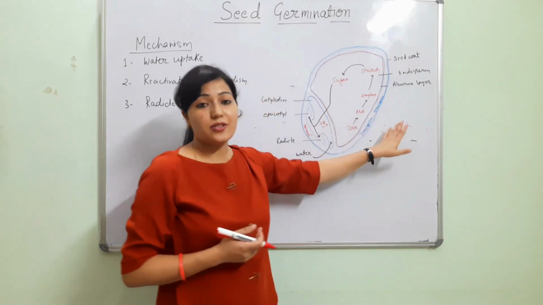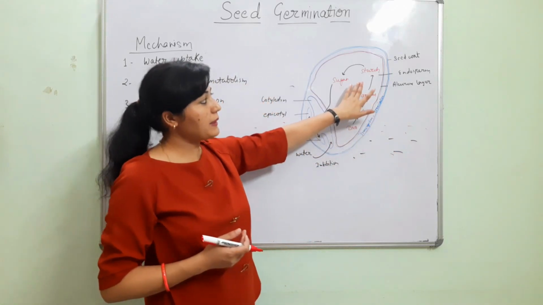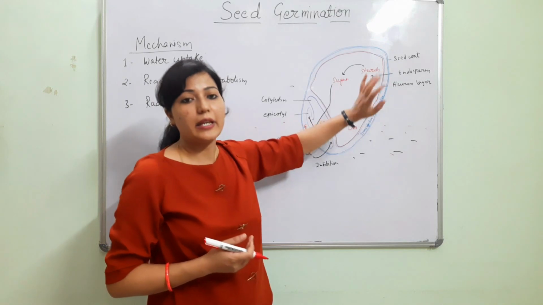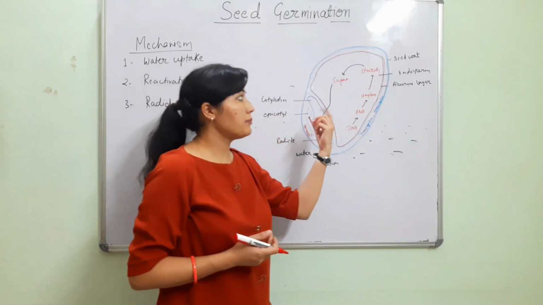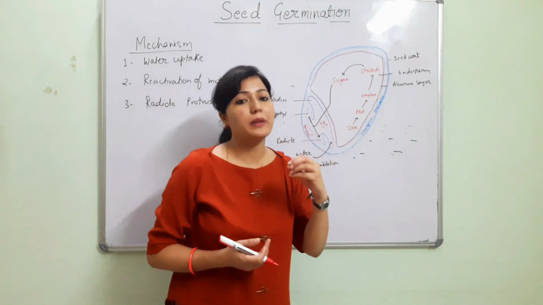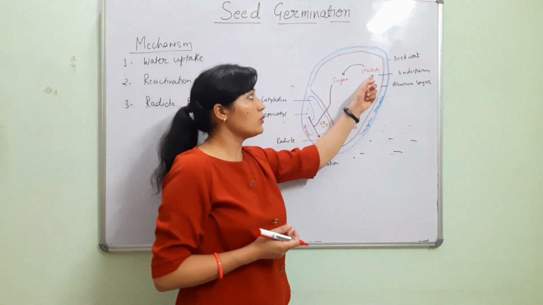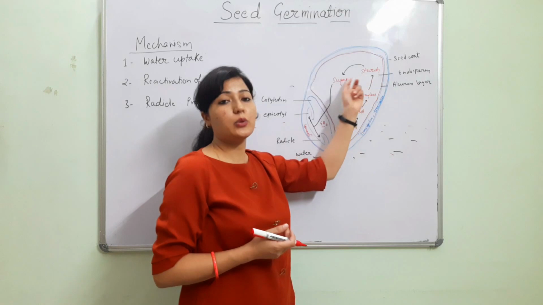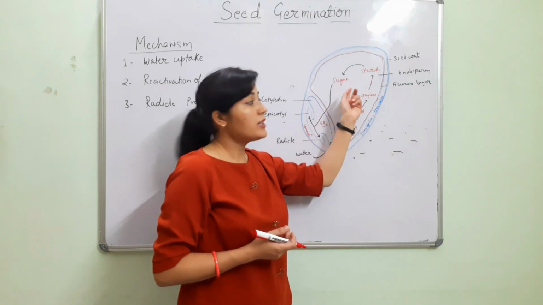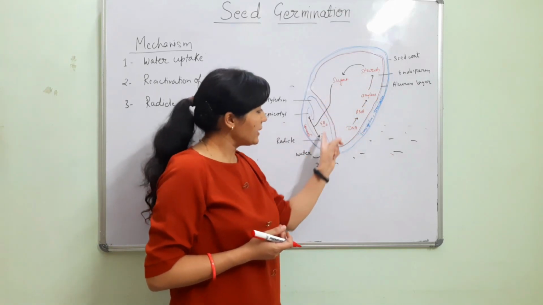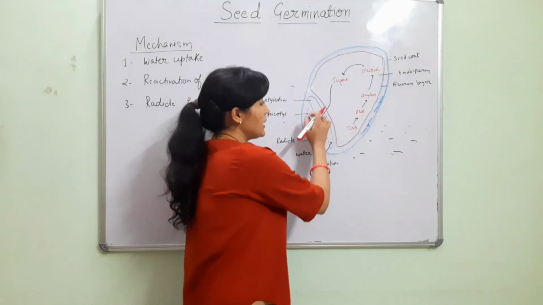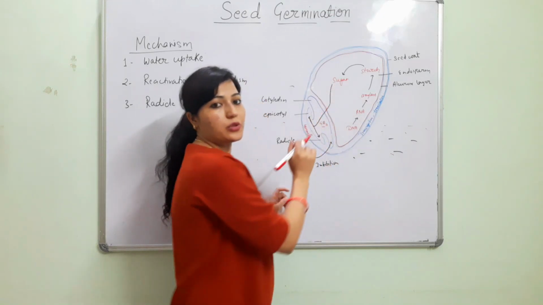Then these enzymes participate in the catabolism process, in which they metabolize the stored food material, that is carbohydrate and protein. They break down these large molecules into smaller molecules, so that the embryo can easily take up this nutrition.